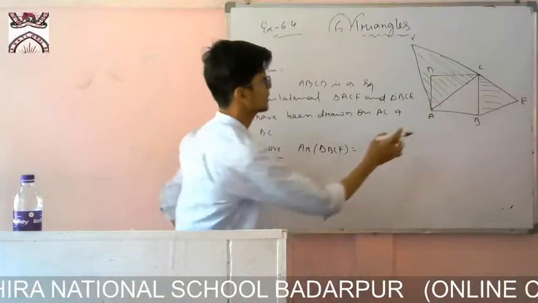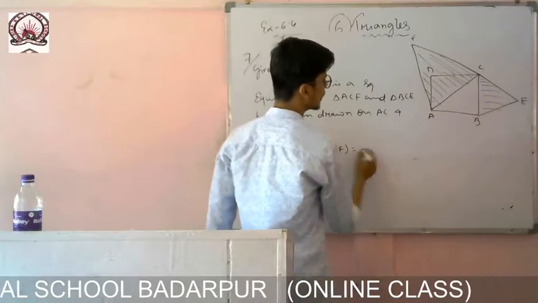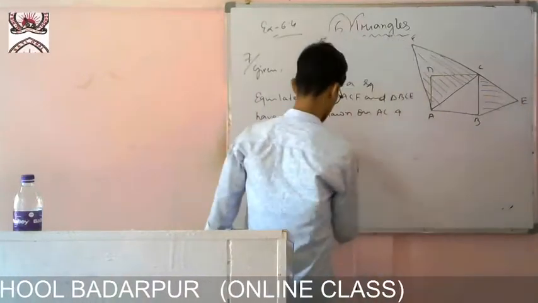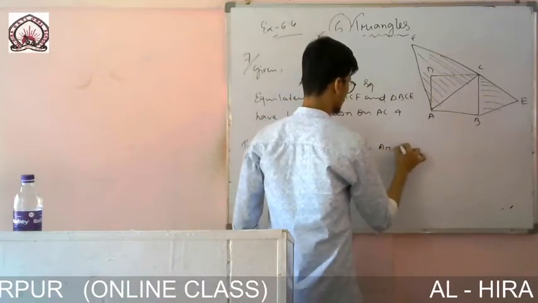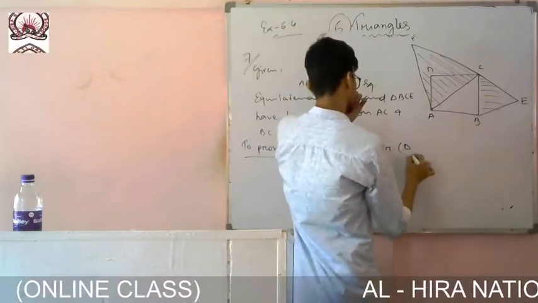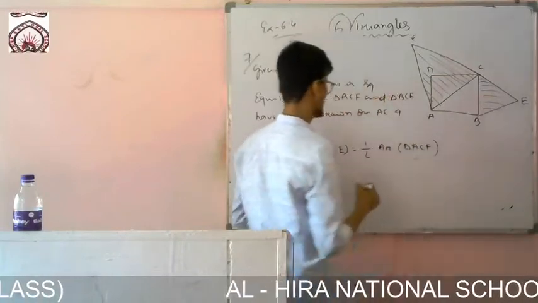So I write BCE first, area of triangle BCE is half of the area of triangle ACF. I have to show this.